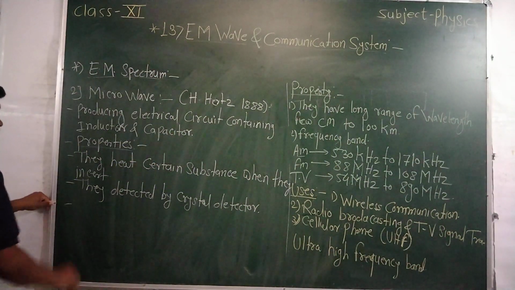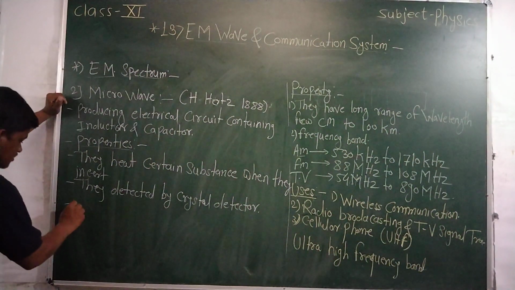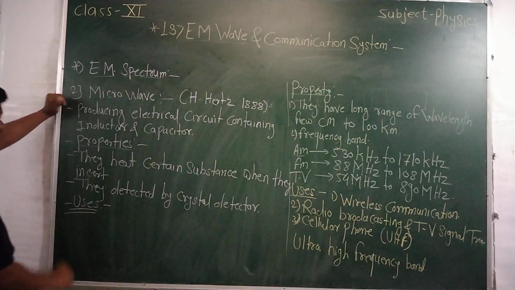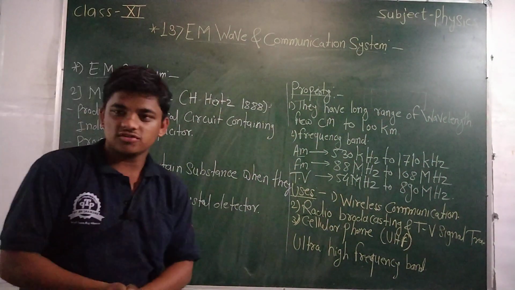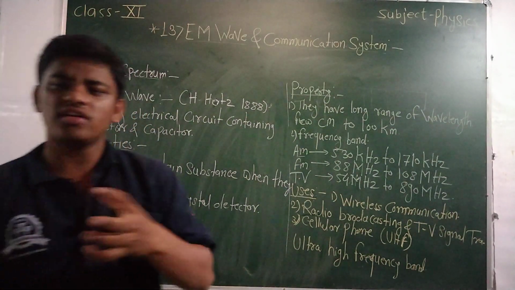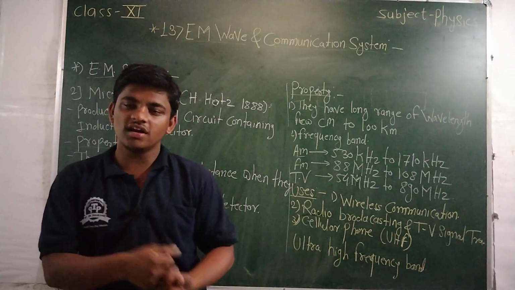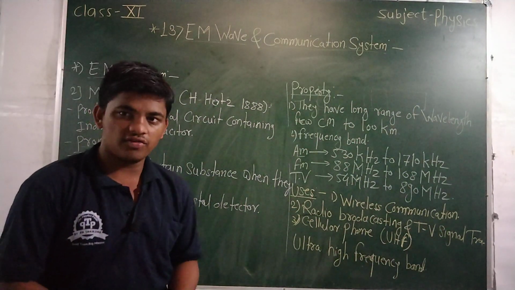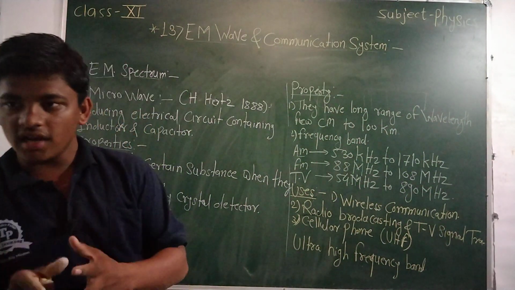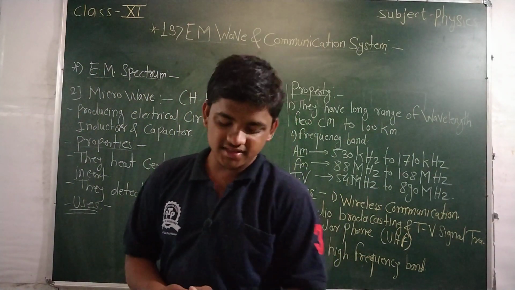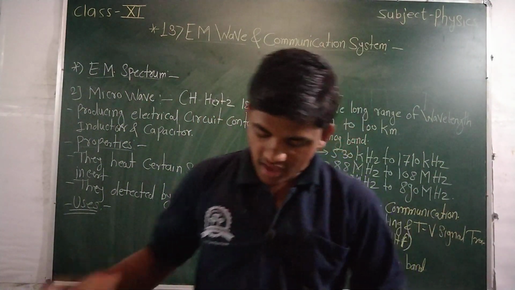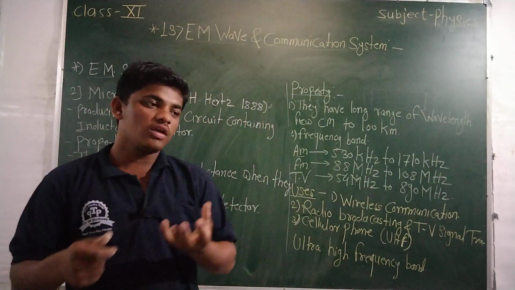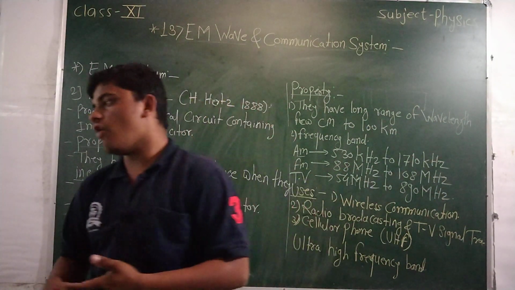And we discuss here some uses of microwaves. They are used for television signal transmission and long distance telecommunications. Microwaves are also used in ovens for cooking food.